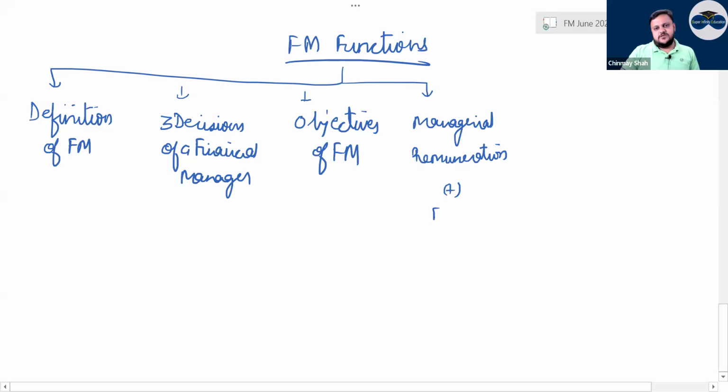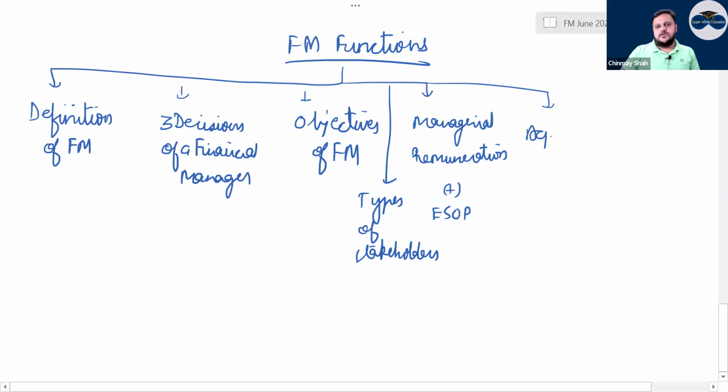Plus you could write ESOPs. Then somewhere here write types of stakeholders. Here you write agency theory.